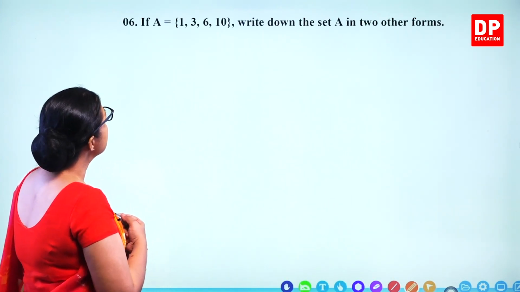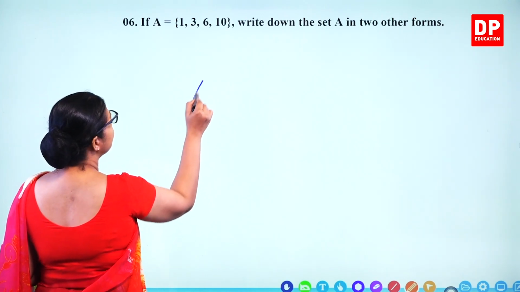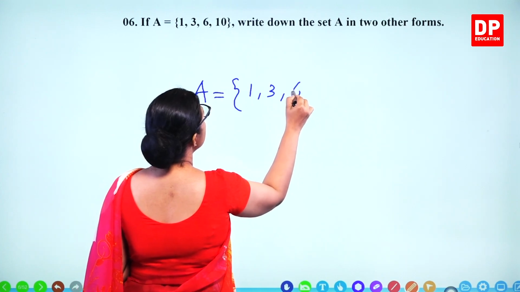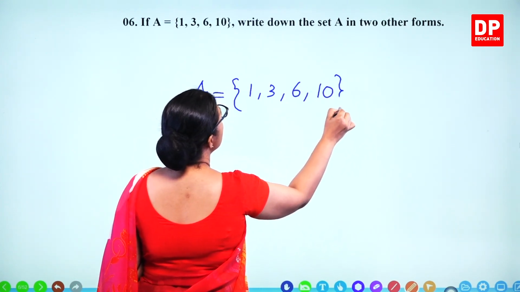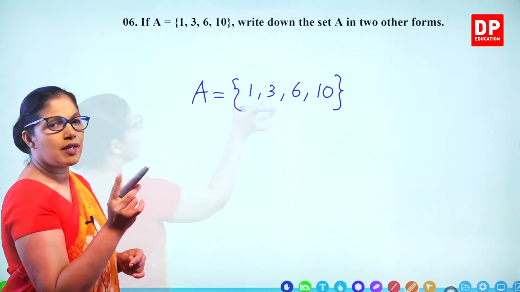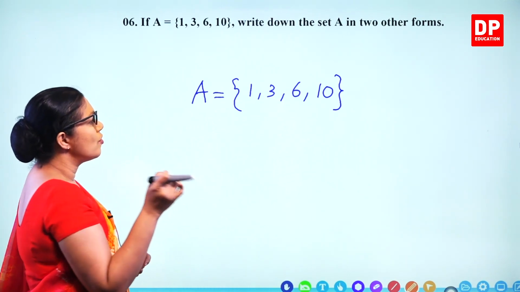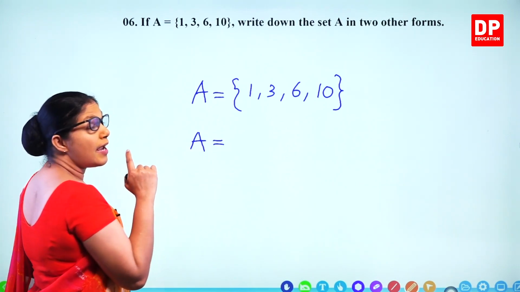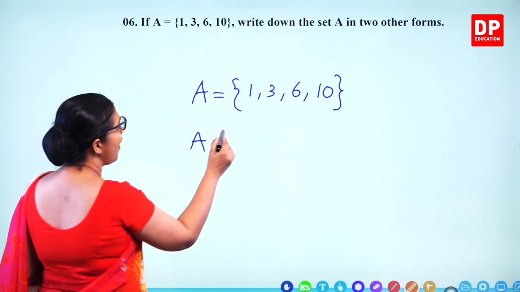Question number 6. If A equals {1, 3, 6, 10}, write down the set A in 2 other forms. These are elements. So how can you write the A in another way? You can write in words.